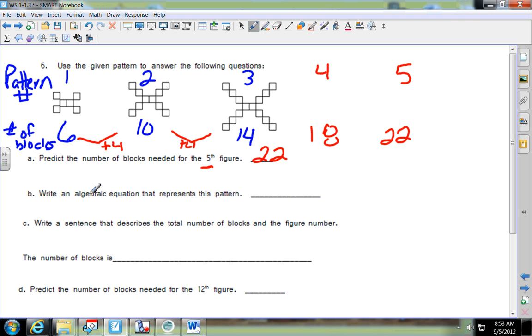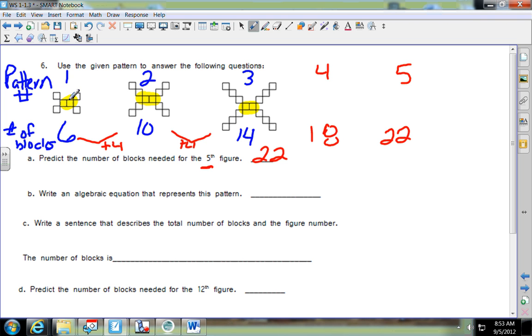It says write an algebraic equation that represents this pattern. Well, it's increasing by 4 each time, right? So what's staying the same? What are the things that are staying the same? Well, these two right here in the middle are staying the same.